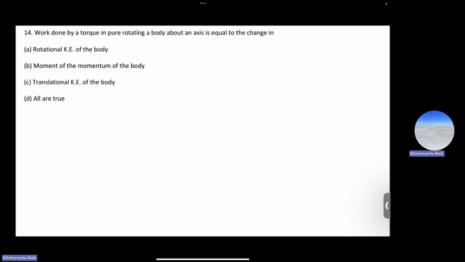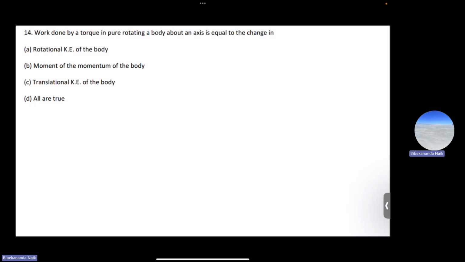Now question number 14. Question number 14 says work done by a torque in pure rotating a body about an axis is equal to the change in, options are option A, rotational kinetic energy of the body, option B, momentum of the body, option C, translation kinetic energy of the body, and option D, all are true.